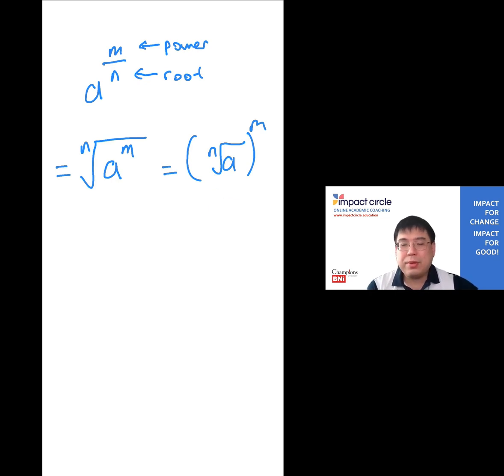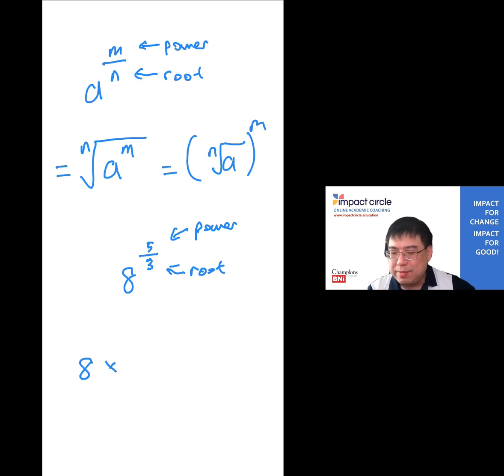Okay, I'll give you an example. Let's say you have 8 to the power of 5 over 3. Okay? So this is the power, and this is the root. So can you imagine if you do the power first, are you going to be able to do 8 to the power of 5?